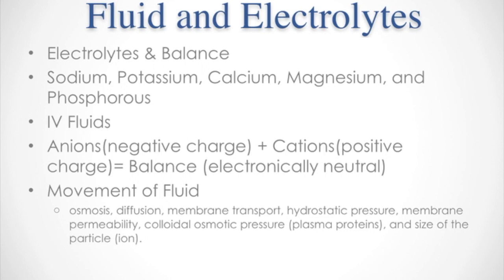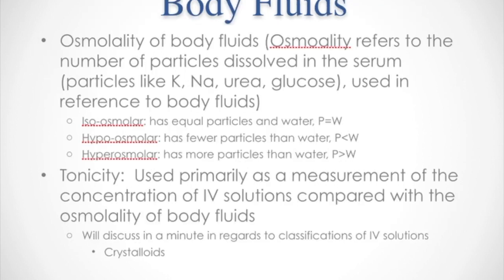There are a number of processes that help control the movement of fluid and particles between and within compartments. Just a few examples are osmosis, diffusion, membrane transport, hydrostatic pressure, membrane permeability, colloid osmotic pressure, and the size of the particle, to just name a few.